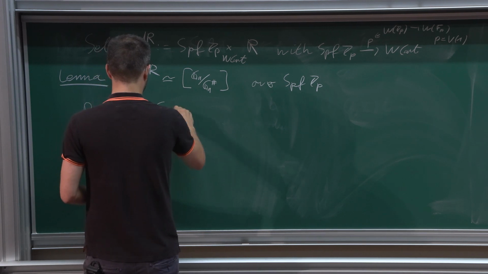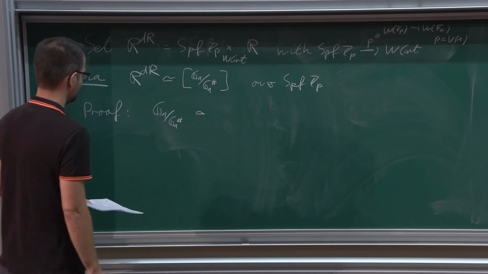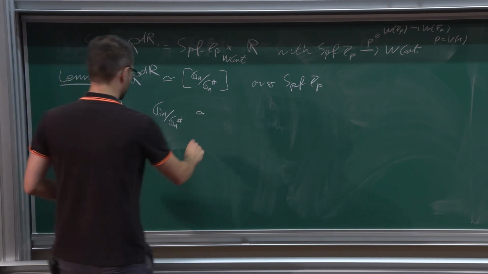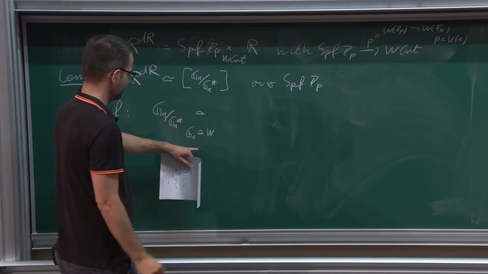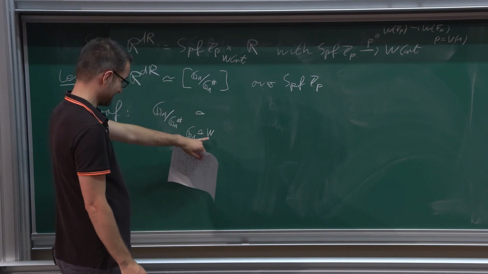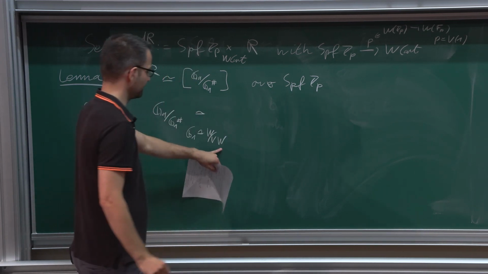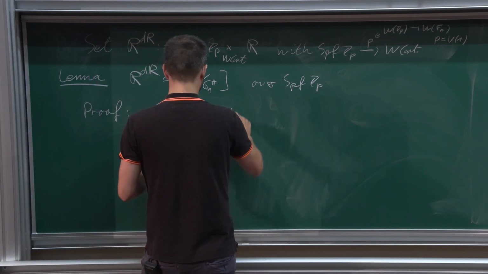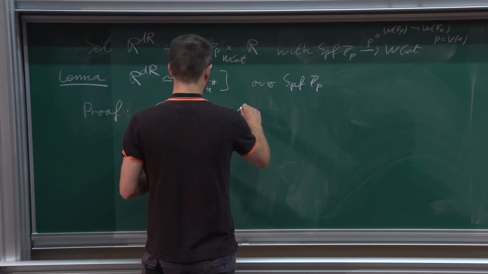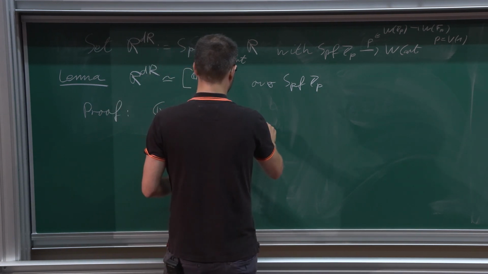So G_a mod G_a sharp, I can write as a functor on Nilp as the quotient of Witt vectors modulo the Verschiebung of Witt vectors. And so therefore this quotient here identifies with W modulo V of W plus G_a sharp.